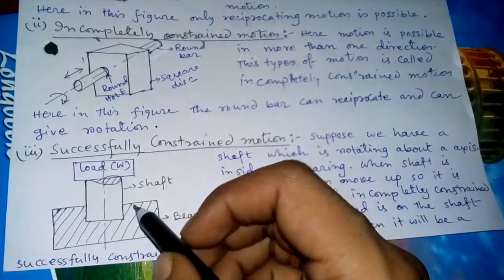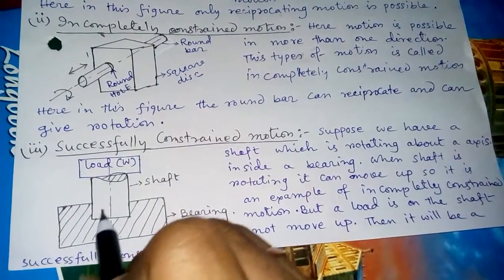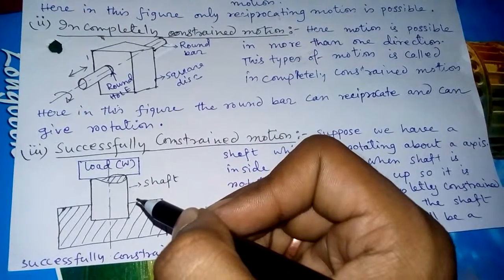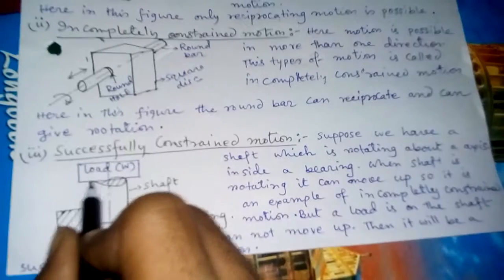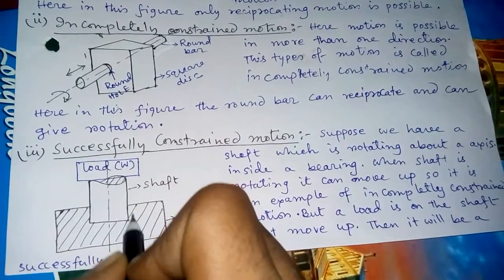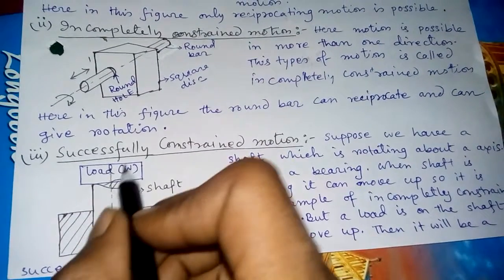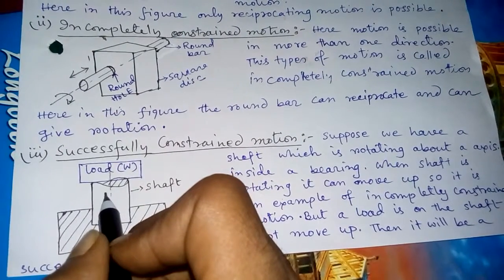So if there is a tendency to move up, it is an example of incompletely constrained motion. But if a load is situated on the shaft, then the shaft cannot go up. Then it will be a successfully constrained motion.